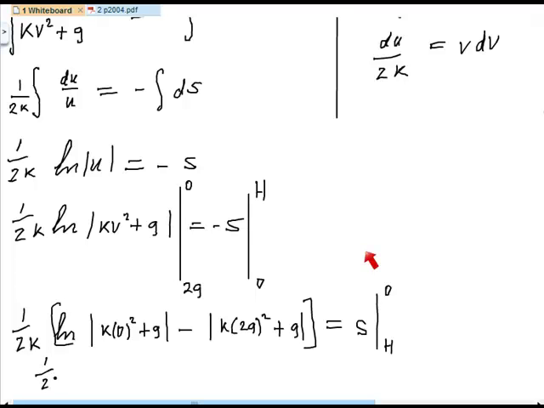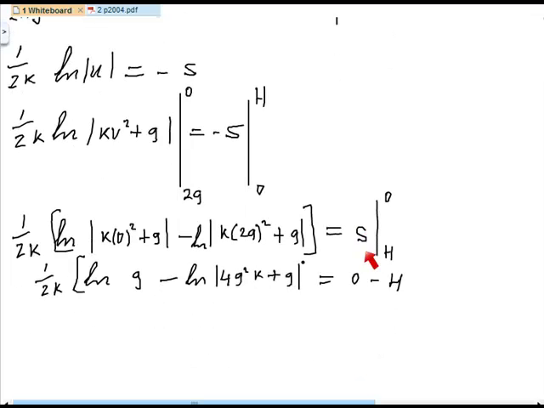This leaves us with 1 over 2k ln of g minus, there's also an ln here by the way, minus the ln of 4g squared times k plus g. Is equal to, putting 0 for the top limit minus the bottom limit, which is h.